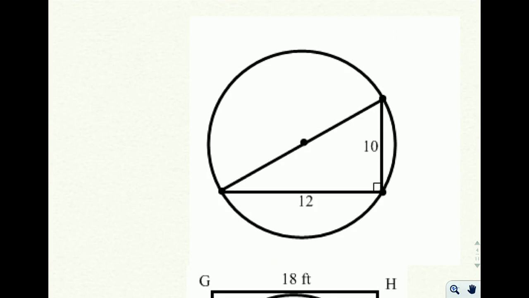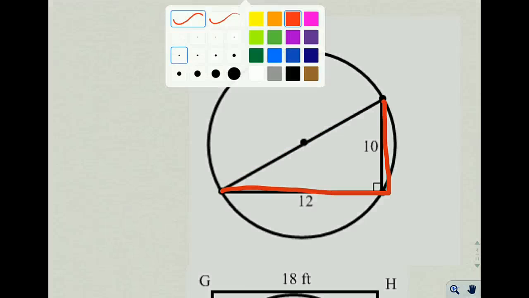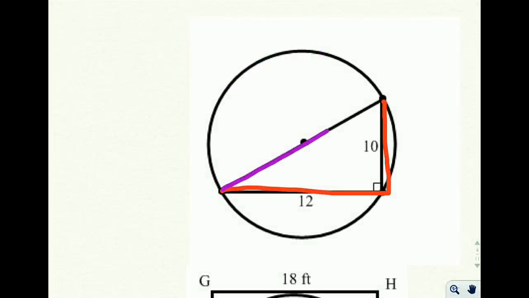In this picture you can see we have a right triangle. And we have a leg here, and another leg here, and then our hypotenuse over on the third side. So if we want to solve for our hypotenuse, we just need to use Pythagorean theorem since it's a right triangle.